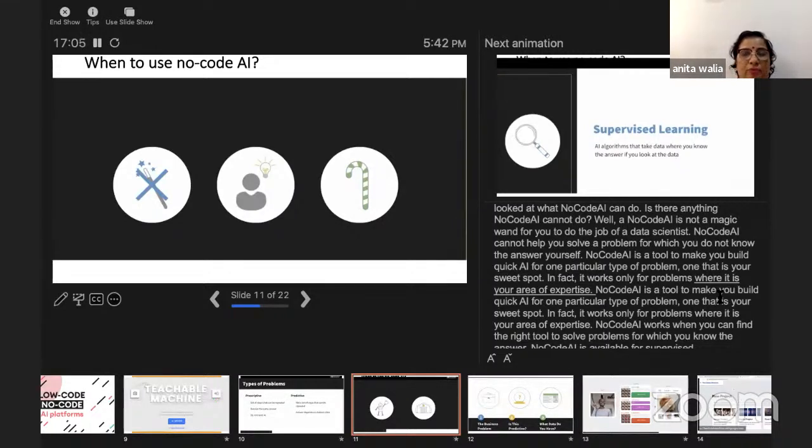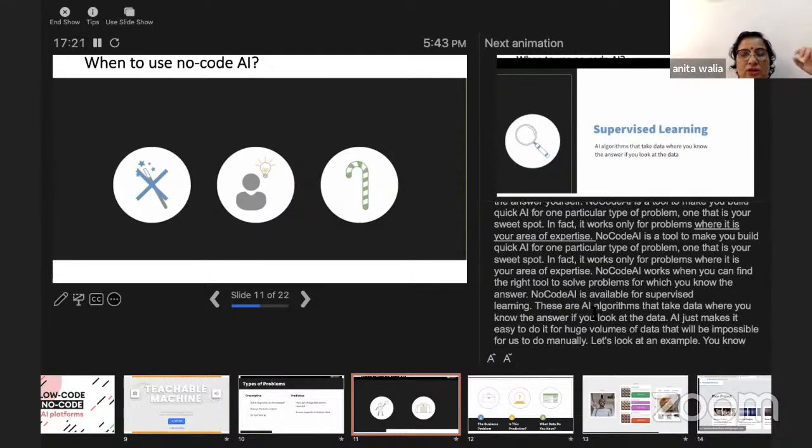We will come to particular machine learning techniques, where we understand the types of machine learning, with supervised learning. I'm coming to that. So no code AI is a tool to help you build a very quick solution to a problem which is repetitive in nature, where you have the expertise, or you have the number of expert solutions available for that, and you can immediately pick a quick AI solution for that problem and use it.